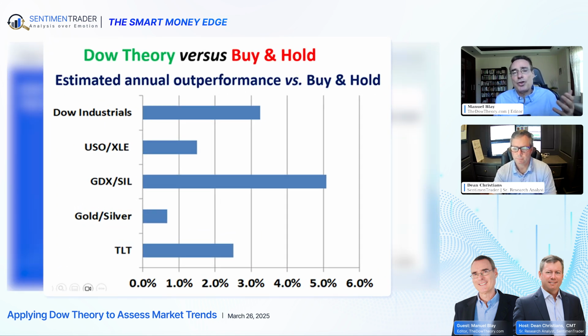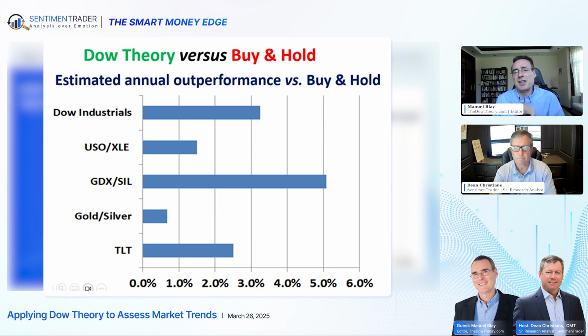Well, this slide shows the annual outperformance versus buy and hold. For the Dow Industrials, which is the birthplace of the Dow Theory, it is slightly above 3% per annum. But please bear in mind that this is 3% with a 50% drawdown reduction. So the risk-adjusted result is really huge.